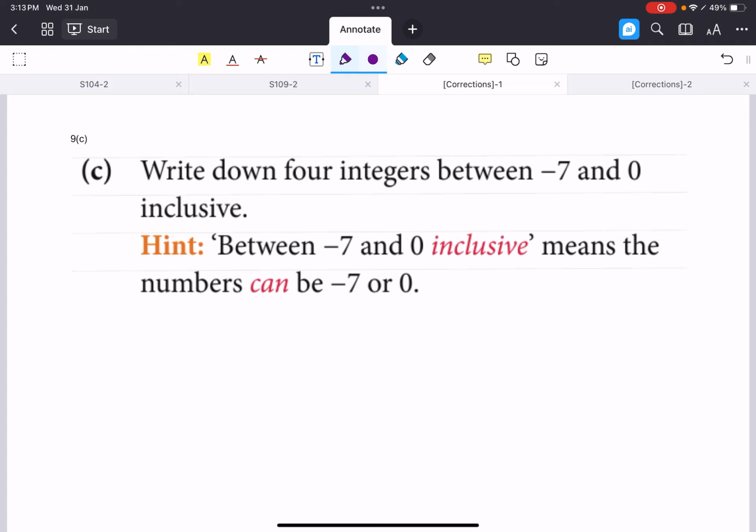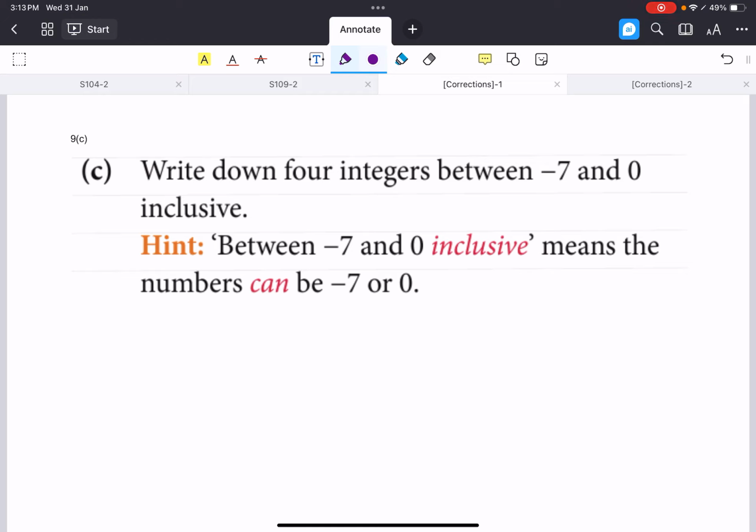So when we say in between -7 to 0, maybe just in between 1 to 5, for example, if in normal conversation I say, choose a number between 1 to 5, technically, it does not include the number 1 and it does not include the number 5. If you want to include the numbers 1 and 5, we should say between 1 to 5 inclusive.